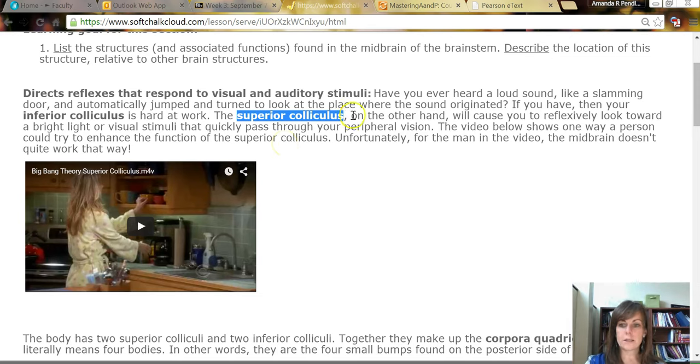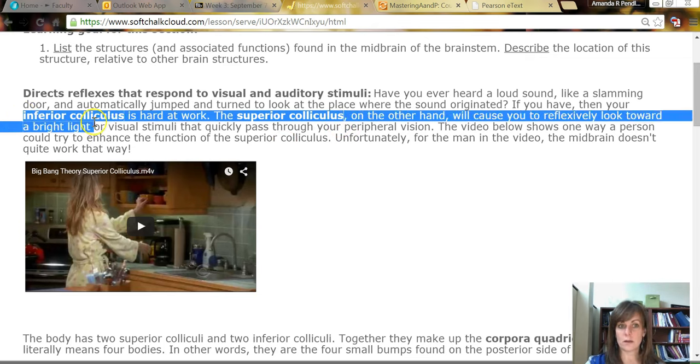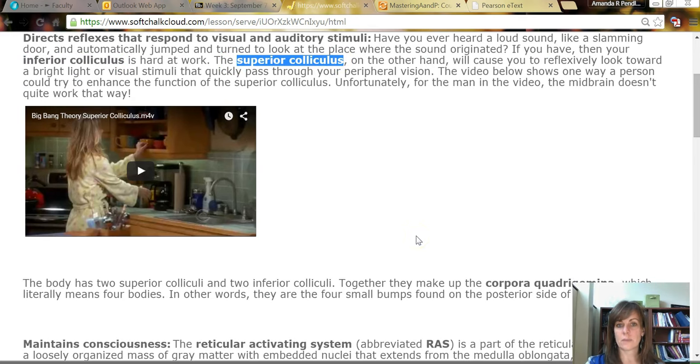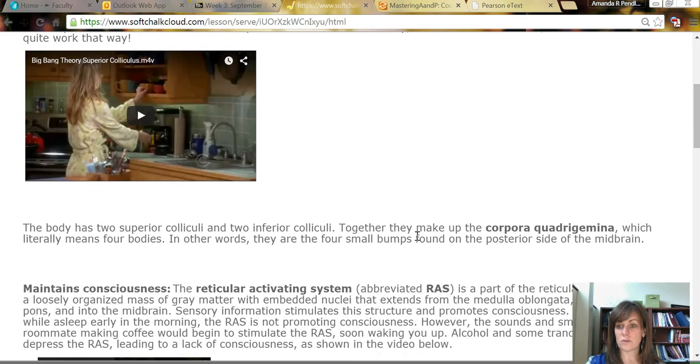I should say that there's two bumps on the brain called inferior colliculus. There's two called superior colliculus. Together, 2 + 2 = 4. So together they're called the corpora quadrigemina. Corpora means body, and quad means 4, so it's literally the 4 bodies or the 4 bumps.